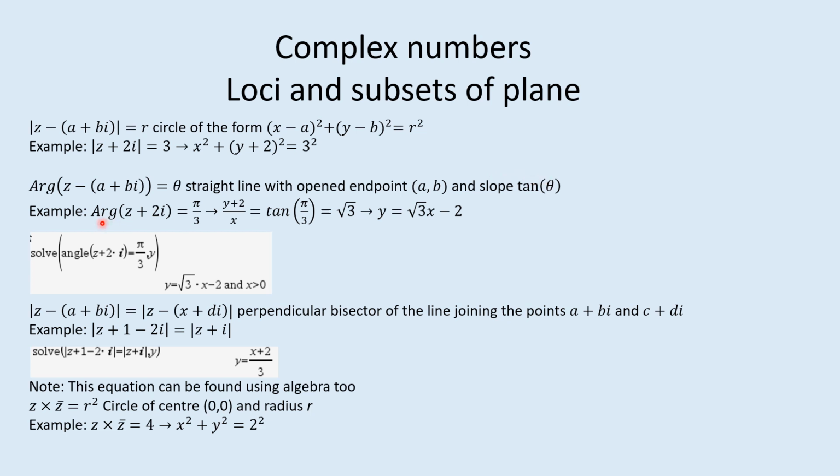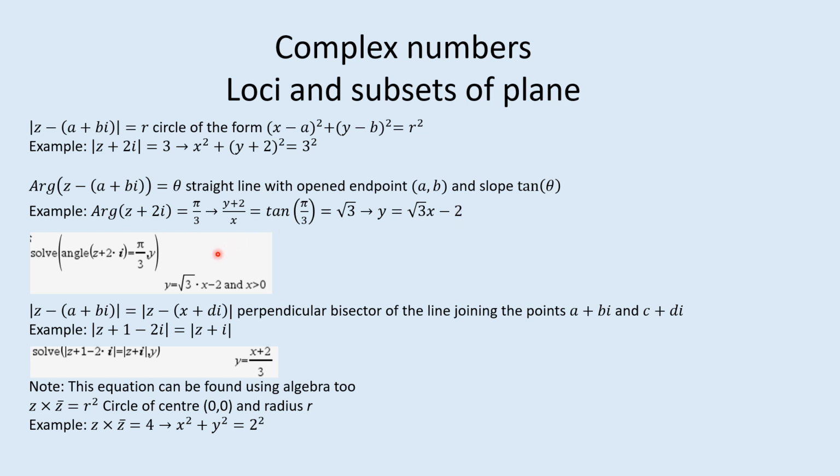So for example, argument of z plus 2i equal to pi over 3. You do rise over run, so the rise is y plus 2, and the run is x. So that is equal to tan of the angle pi over 3, which is root 3.